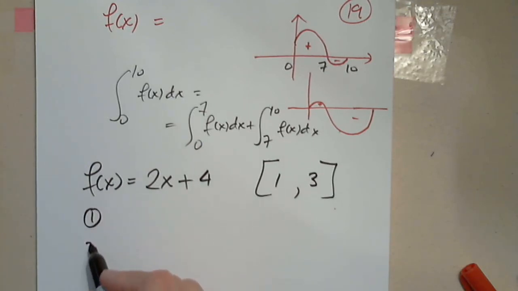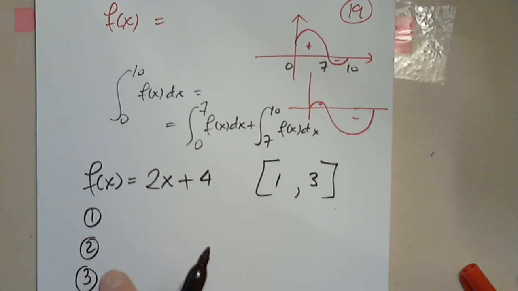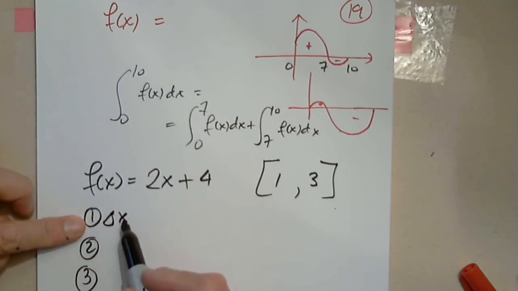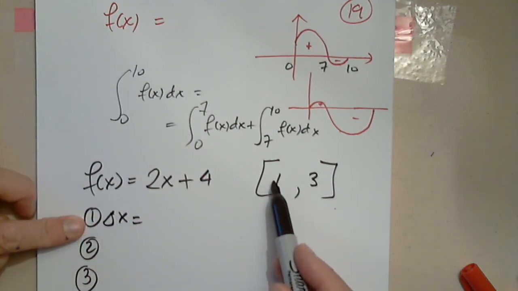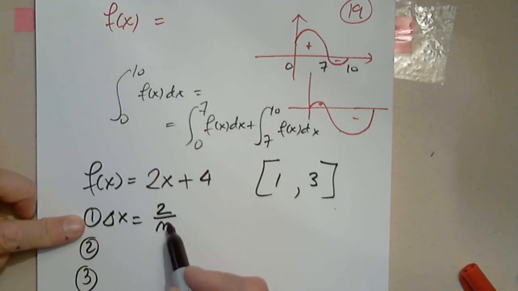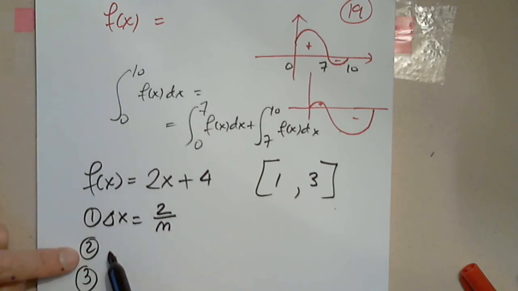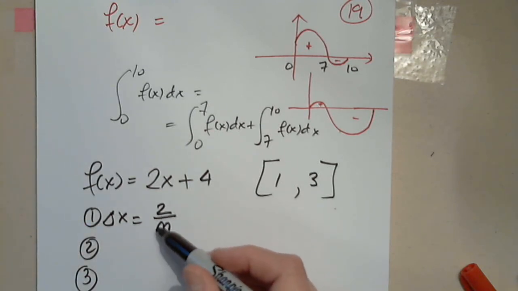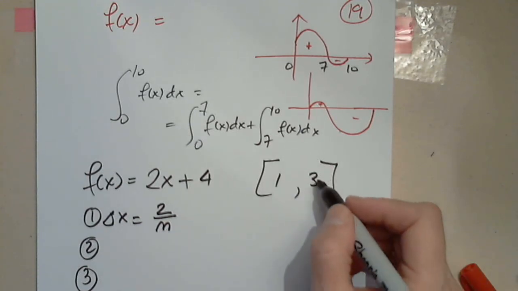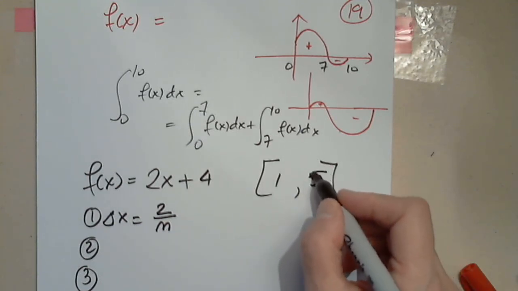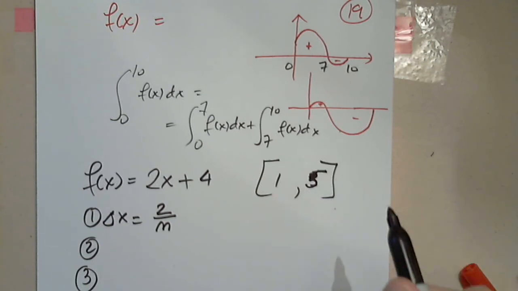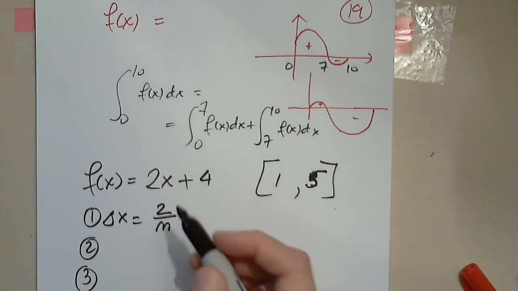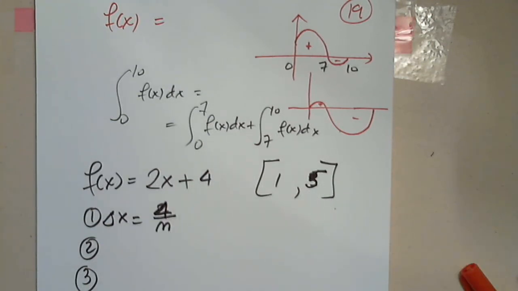I need the 3 preps first. The first prep is delta x, which is 3 minus 1 over n. I don't want you to think that we will always get 2 over n, so let me change this into 5. I don't want you to get that impression. So 5 minus 1 over n is 4 over n.